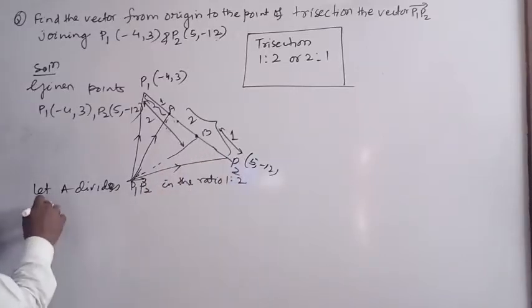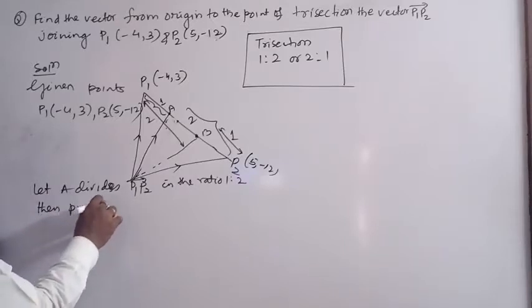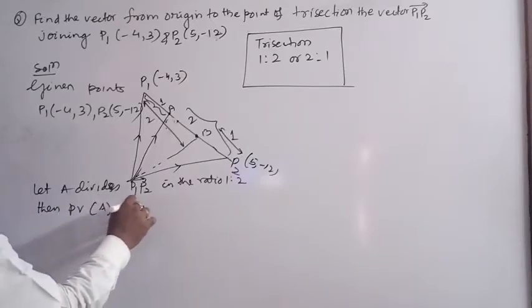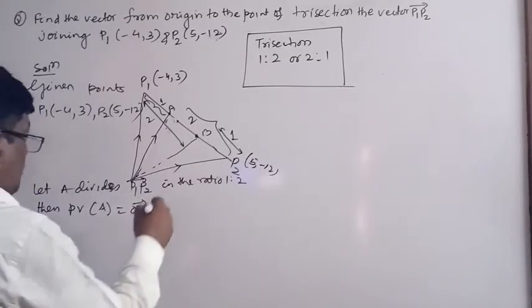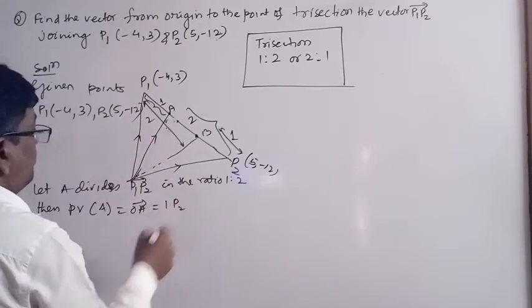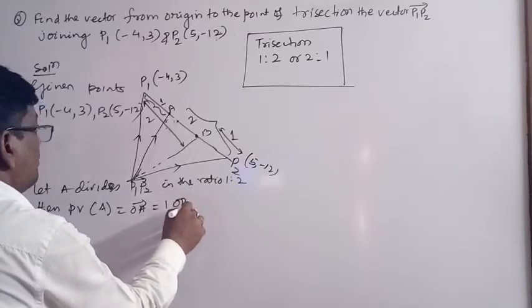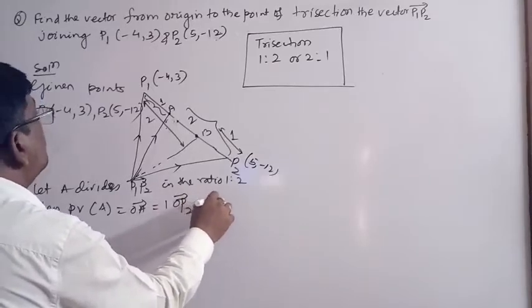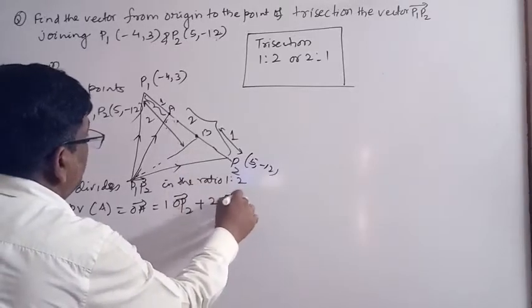Then the position vector of A, OA, is equal to 1 into OP2 plus 2 into OP1, divided by 1 plus 2.